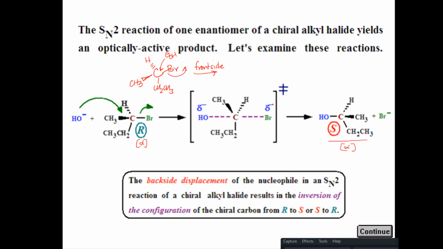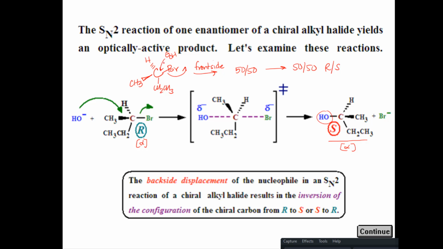And now we can think about, well, what would happen in this case? Now, if we got a 50-50 mixture of front side and back side attack, what would happen? I would get a 50-50 mixture of the R and the S products, right? Because the backside attack in this case is going to lead to the OH group being here, and it's going to lead to what we're going to call inversion of configuration in a minute.